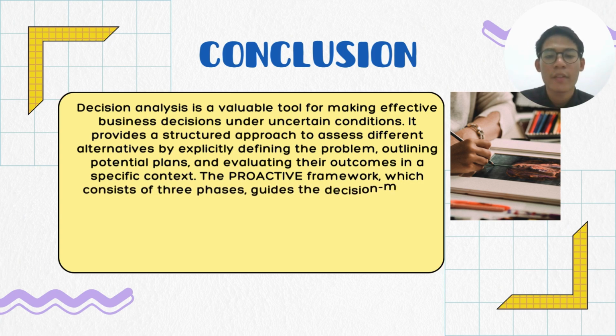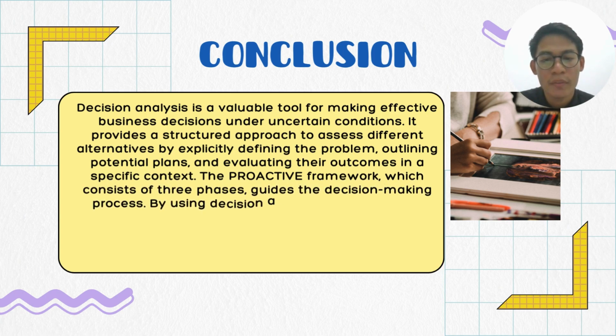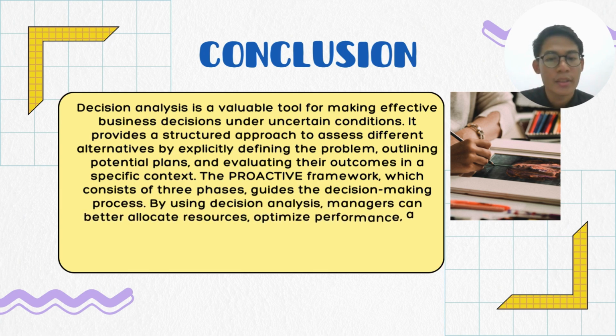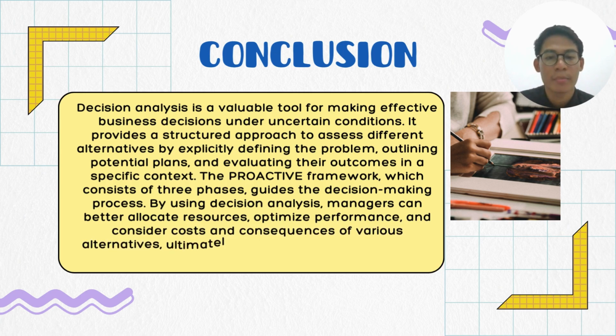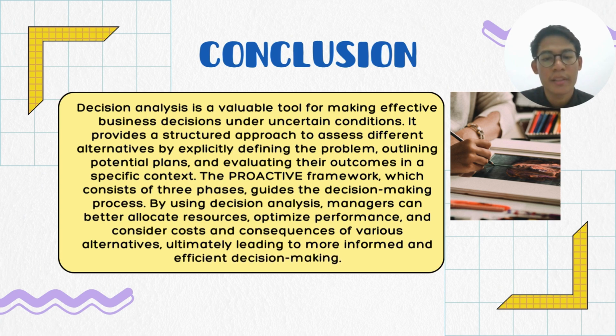The proactive framework, which consists of three phases, guides the decision-making process. By using decision analysis, managers can better allocate resources, optimize performance, and consider costs and consequences of various alternatives, ultimately leading to more informed and efficient decision-making.